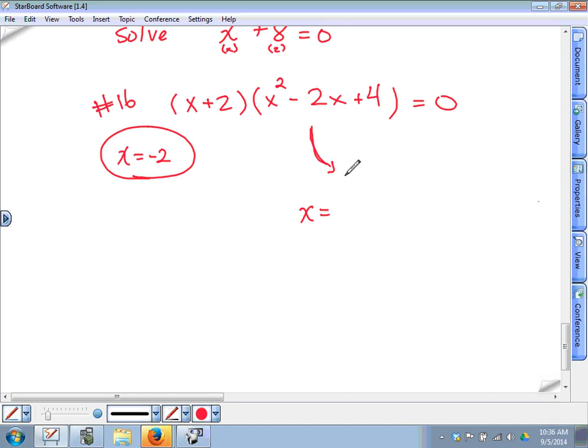What's the opposite of b? 2 plus or minus the square root of b squared, so that's negative 2 squared, which is positive 4, minus 4ac.